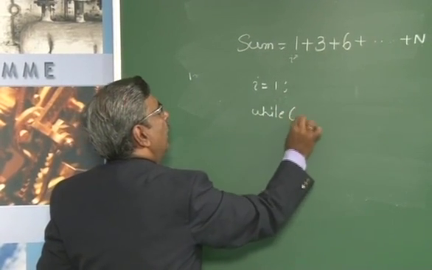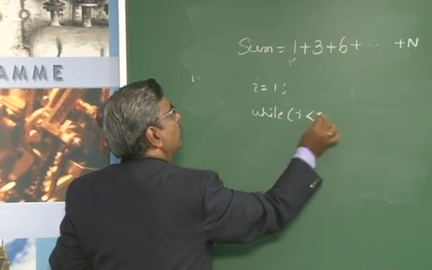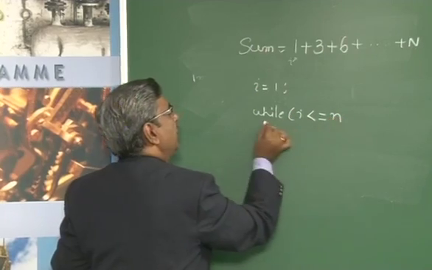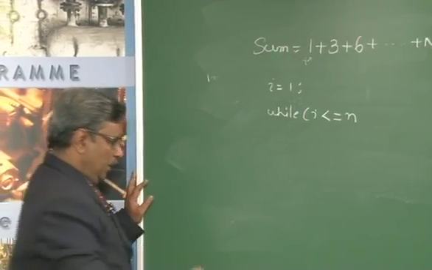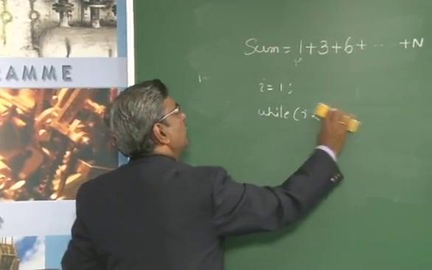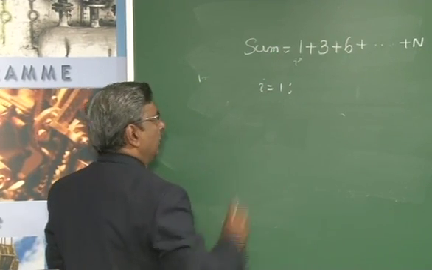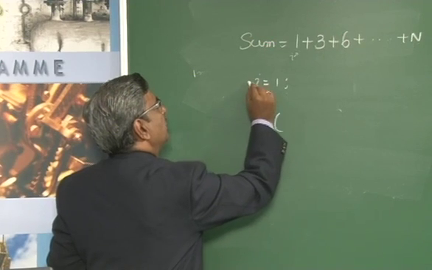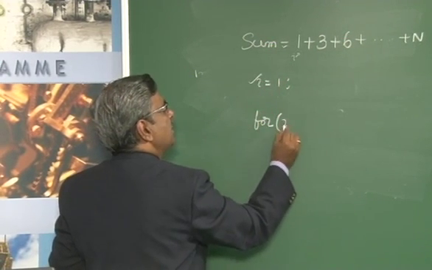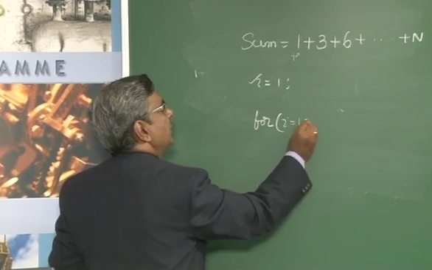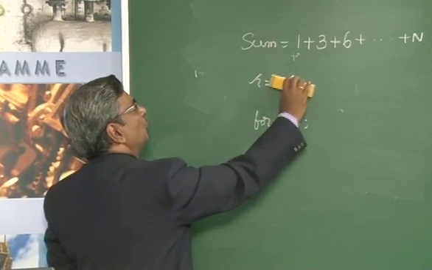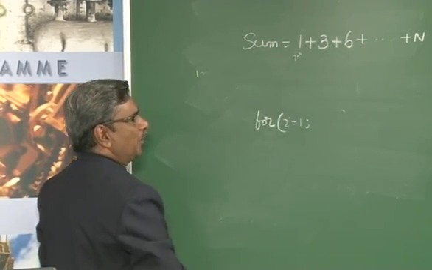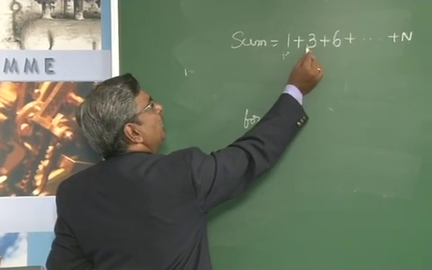While I less than or equal to n, this is the statement that you use in the while loop. Here instead of this you are going to use the for statement like this. For, instead of initializing I is equal to 1 separately, you can initialize here itself, that is I equal to 1, so initialization is over. What is the condition?